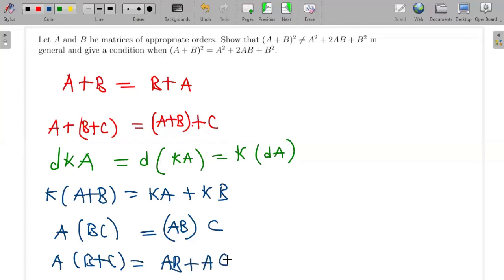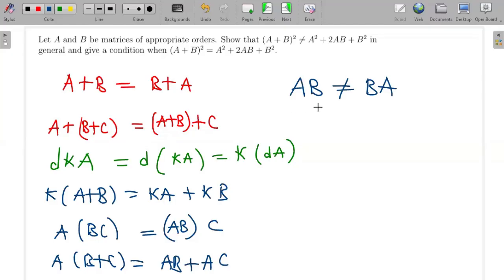Okay, so now the most important property that we're going to use in this question is the one that says that AB, which is the multiplication of matrices, is not the same as BA. When you multiply AB and you multiply BA, they are not the same.